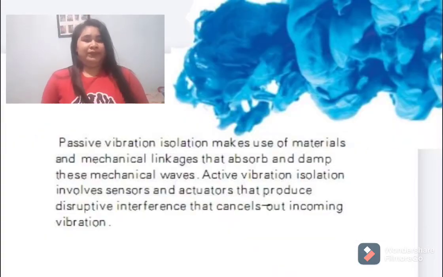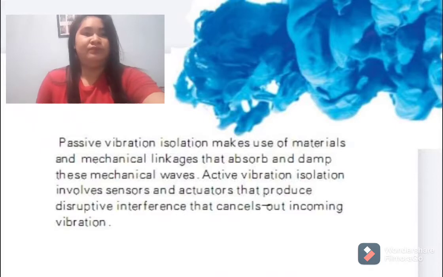Passive vibration isolation makes use of materials and mechanical linkages that absorb and dampen these mechanical waves. Active vibration isolation involves sensors and actuators that produce interference and cancel out incoming vibration.